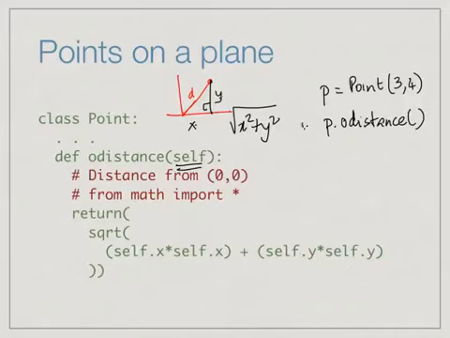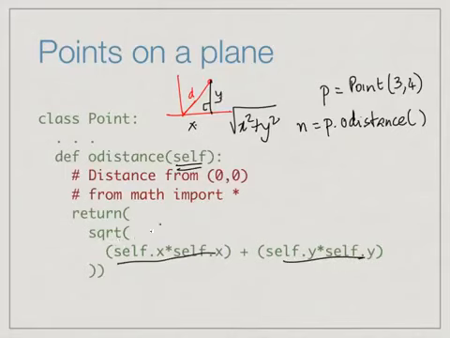So maybe we would assign this to a name like n, right? So when we do this, it will look at the current value of self.x, the current value of self.y, square them, add them, and take the square root.